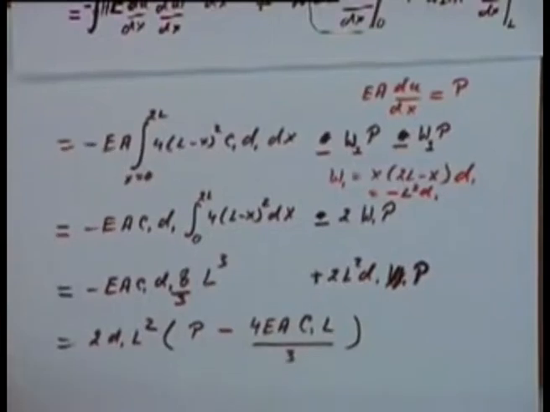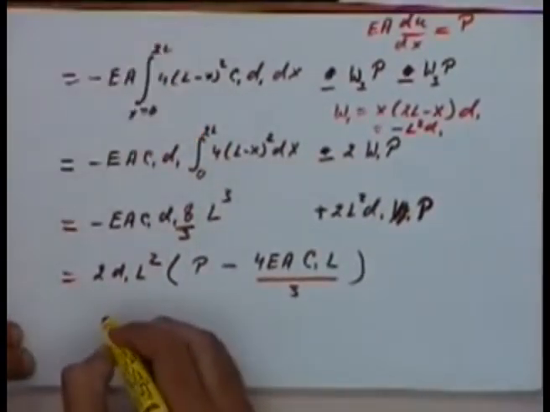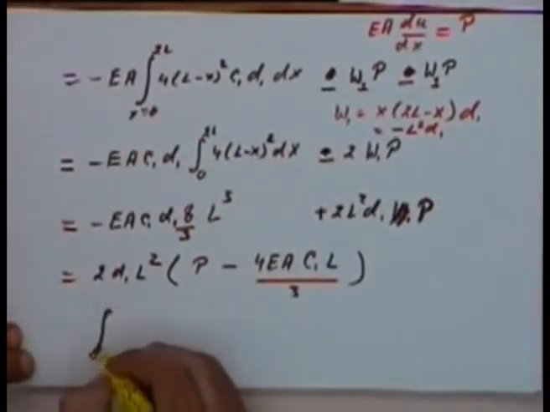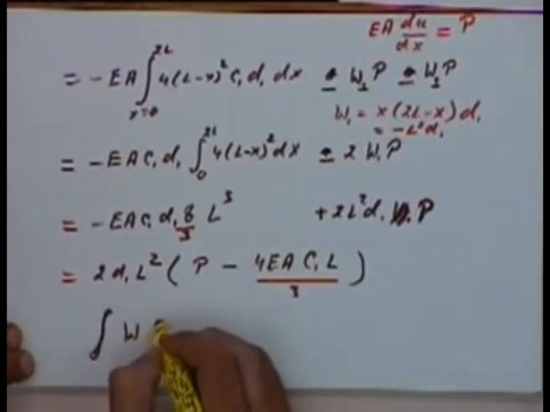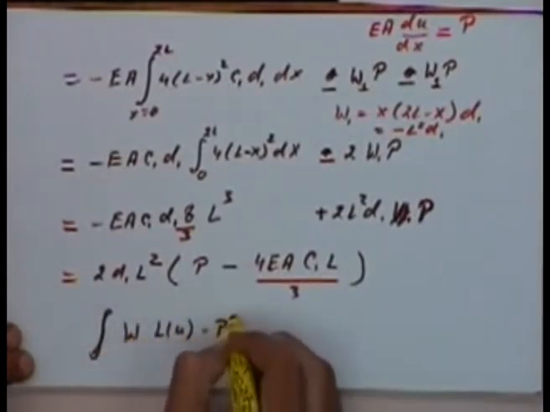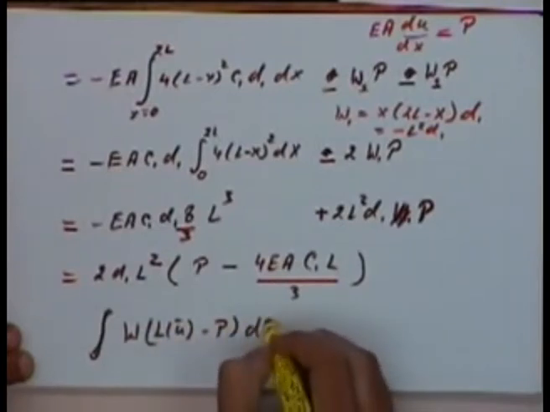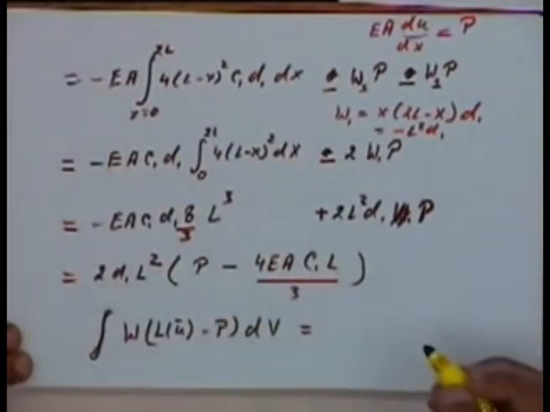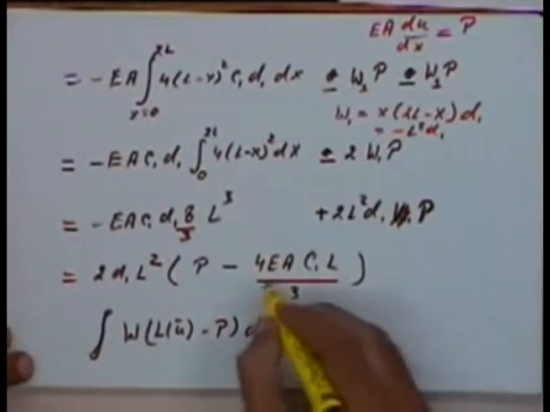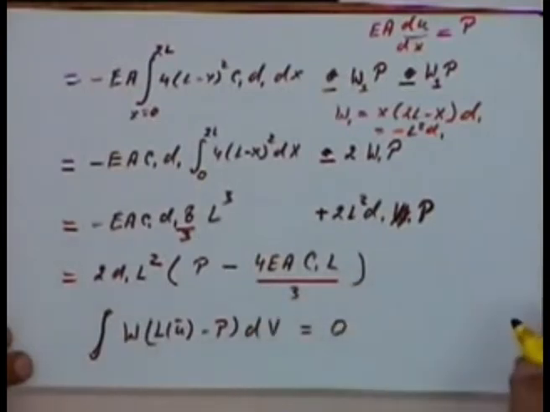Okay, now this is what the integral of the error term that we have, integral of W into L of U minus P dV, is equal to this expression, and we said that we want this term to be equal to 0.